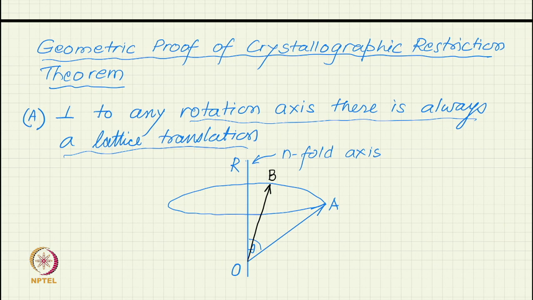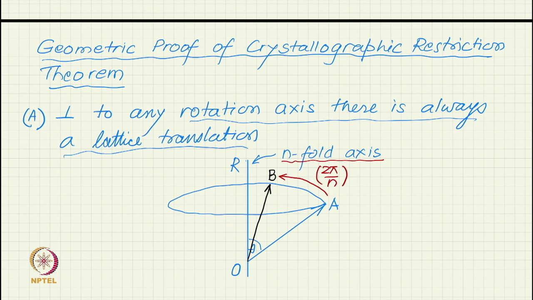So, A to B you are going by the rotation of 2 pi by n, because that is what is meant by the n fold axis. So, if OA is a lattice translation, OB is also a lattice translation.